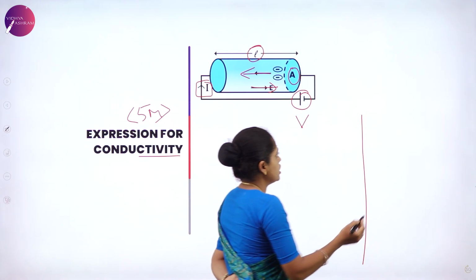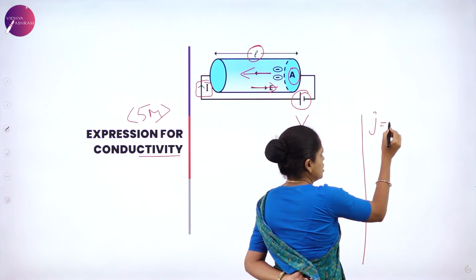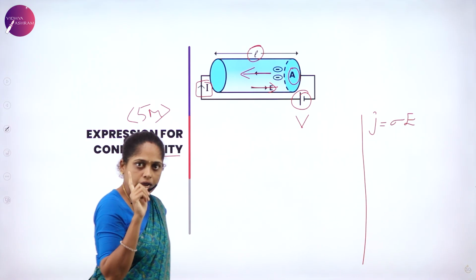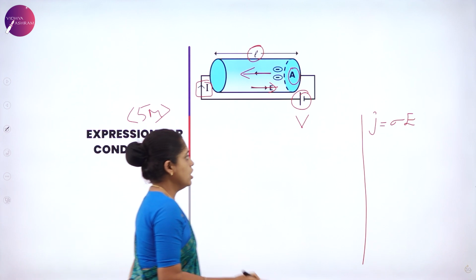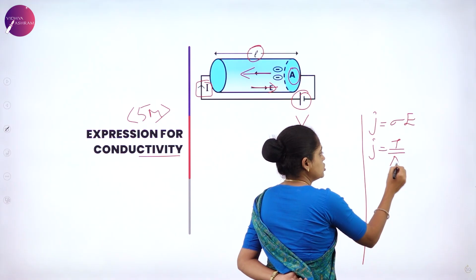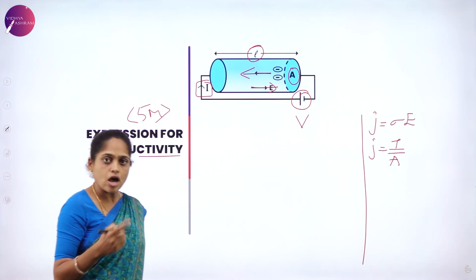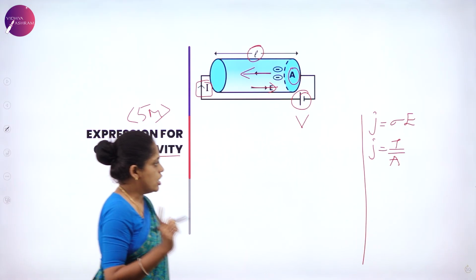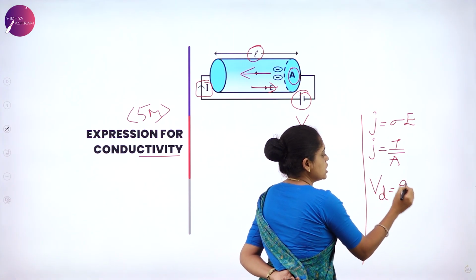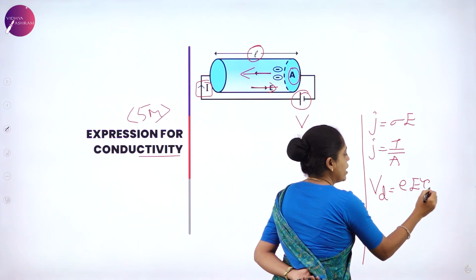One of the expressions is J equal to sigma E, because here we have the conductivity sigma. Next, J is also given by I by A according to the definition. Next, we derived the drift velocity, whose expression is e E tau by m.